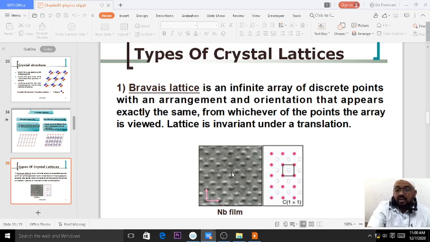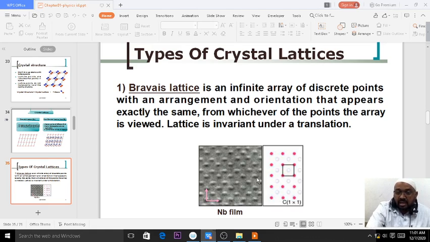The angle from where you view the array may vary, but the orientation of these atoms, molecules or ions will be identical to each other. For that reason, we have taken an arrow mark here as a reference point, and this arrow indicates the identical nature of these points.